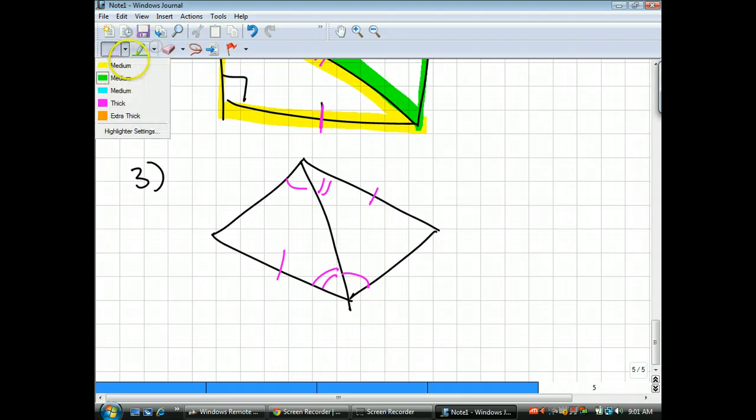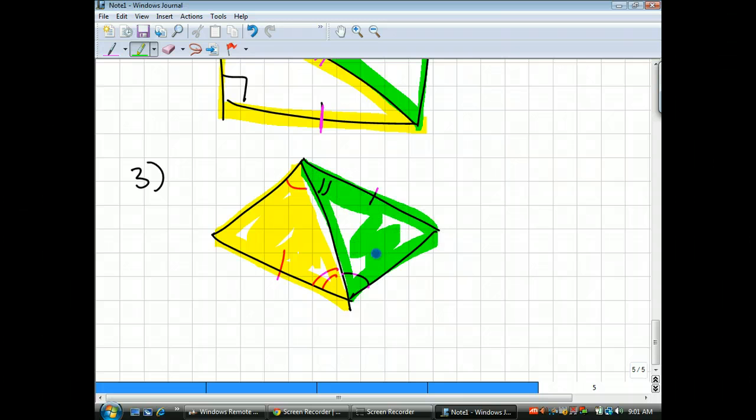Okay, so notice my two triangles are this one and this one. Okay, so what do I have? In the yellow triangle, I have this angle and that angle and this side.